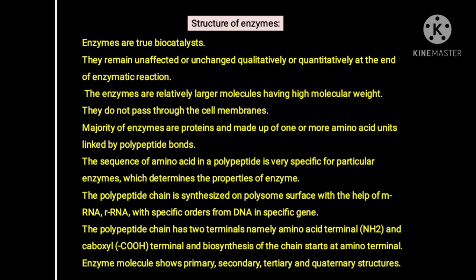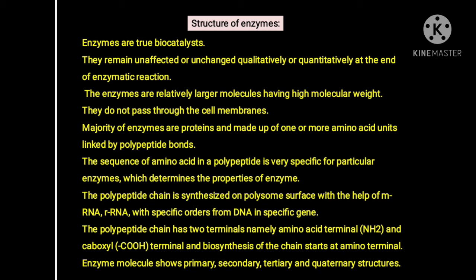The majority of the enzymes are proteins, made up of one or more amino acid units linked by peptide bonds. The sequence of the amino acids in a polypeptide is very specific for a particular enzyme, which determines the property of that particular enzyme. The polypeptide chain is synthesized on a polysome surface with the help of mRNA or rRNA with a specific order from the DNA in a specific gene.